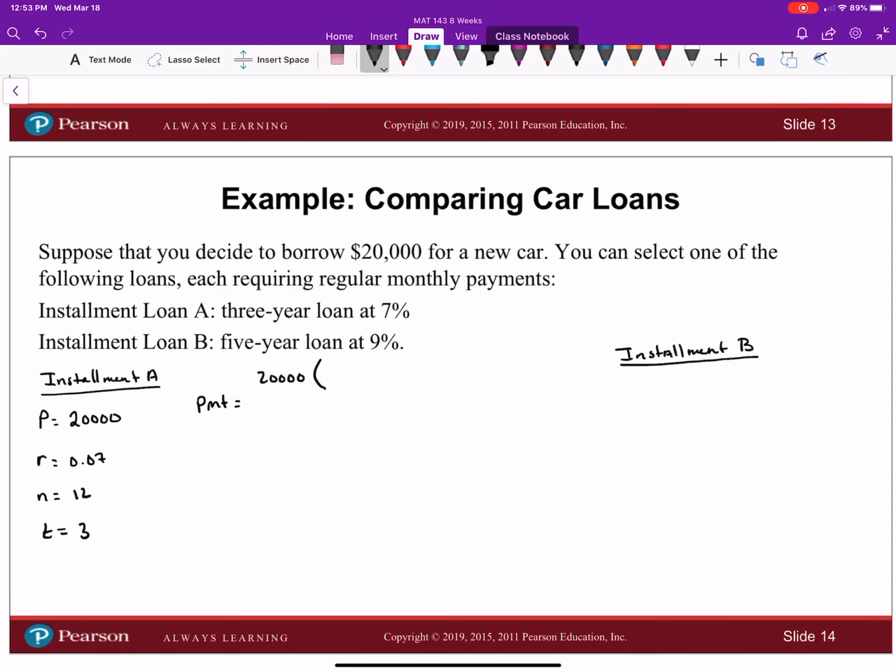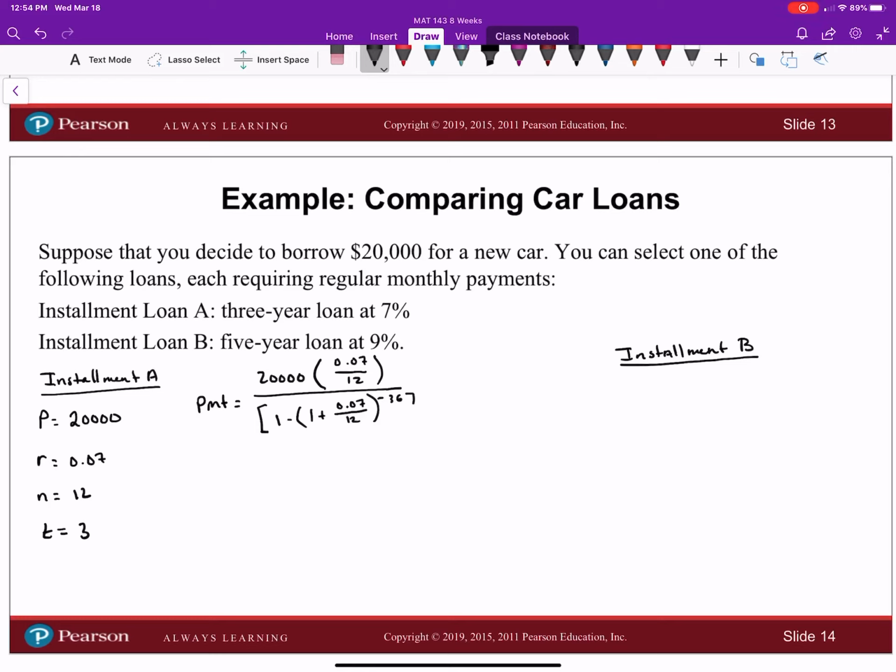So when we look at the formula, we know that we have R over N, so it'll be 0.07 over 12, all over bracket 1 minus, parentheses, 1 plus, and we have the same thing that we have up top, 0.07 over 12, raised to the negative NT, so it would be 12 times 3, which would be 36.